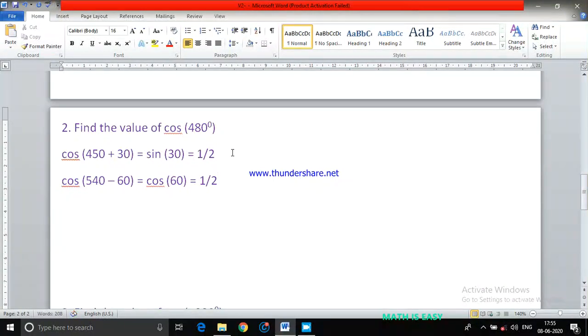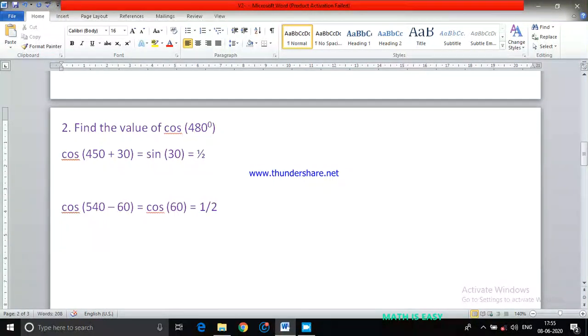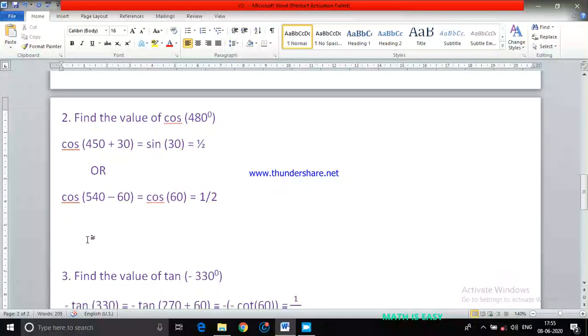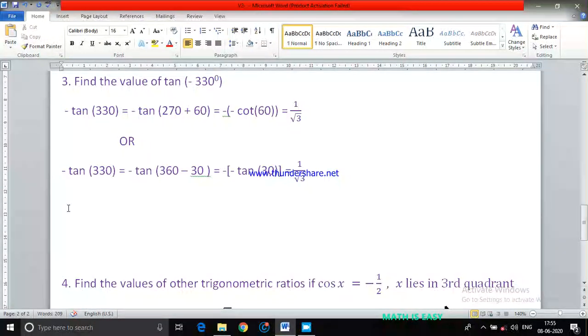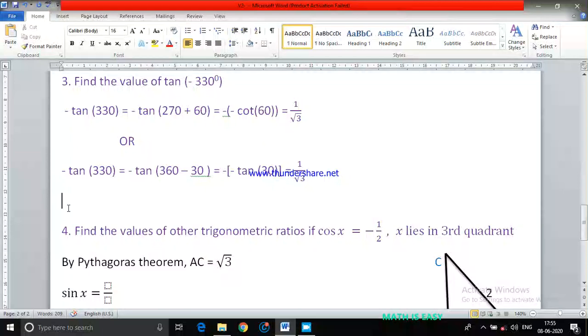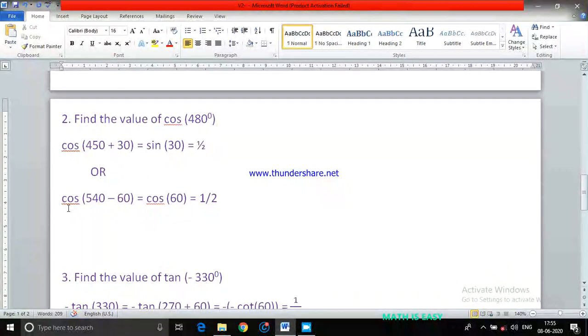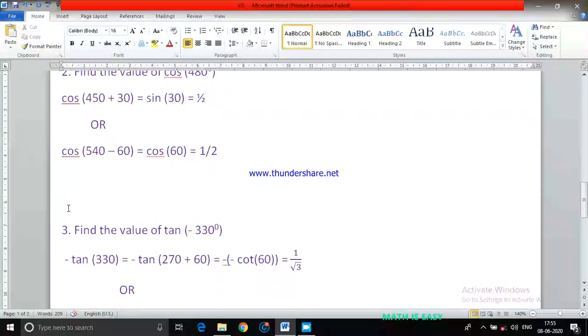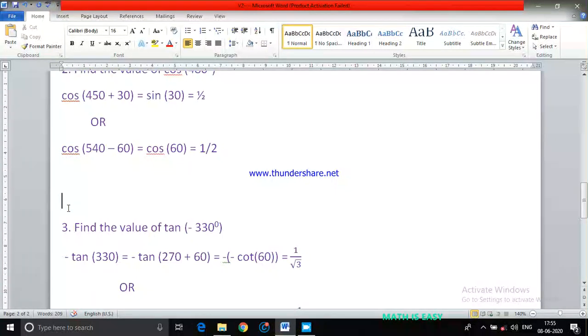So this way or that way, both ways you can solve the question. Am I clear? It is up to you which method you use to solve the question, and both are most welcome. I hope this type of questions are clear, how to find the value of any trigonometric value.